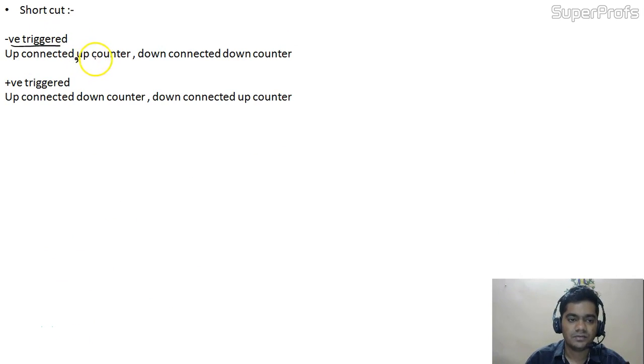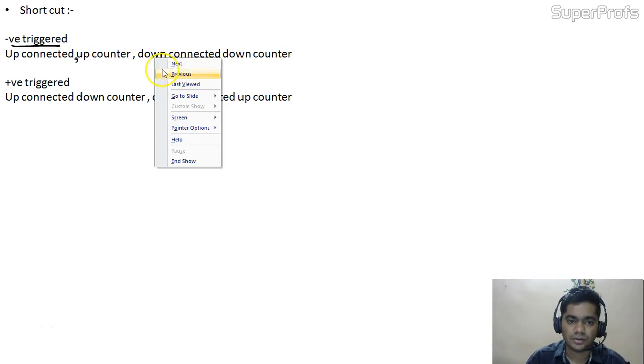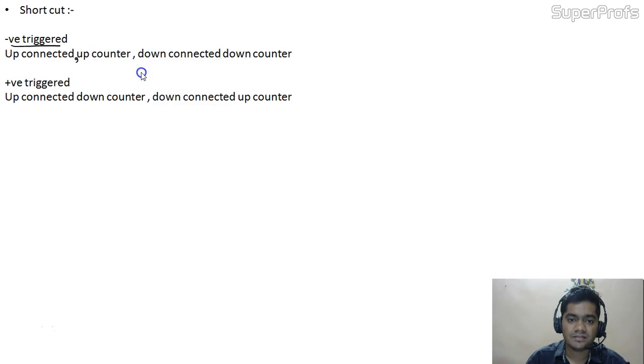So up connected would be up counter and down connected would be down counter. Down connected means we are taking the clock pulse for the next flip-flop from Q bar. So this is down connected, down counter.